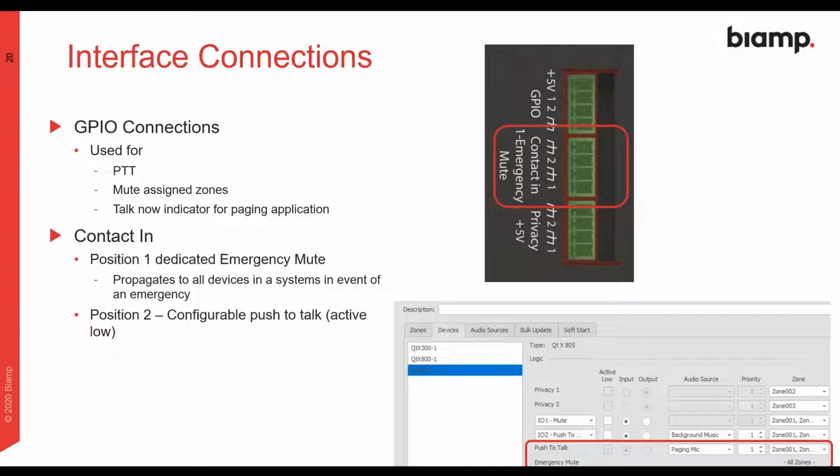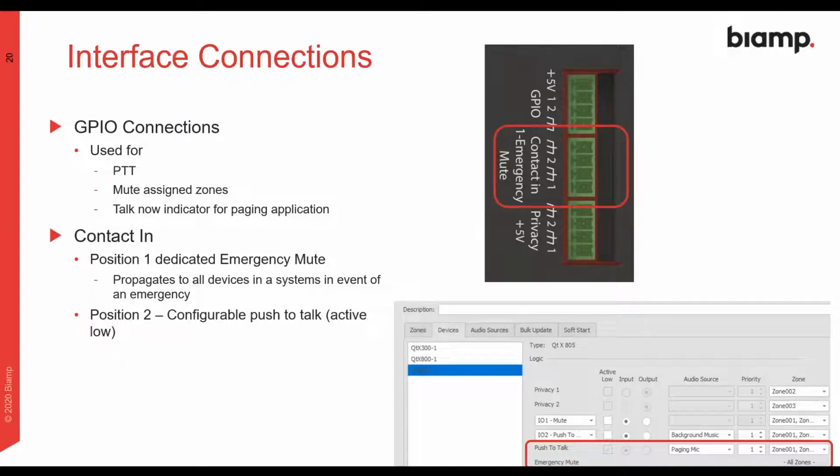Position 2 is configurable to be a push to talk. And the difference between that push to talk capability and the one in the GPIO is that it's configurable only as an active low. So if you get a microphone that needs to be set to active high, the use case would be to use the GPIO connection so that you could select the active high setting and allow it to do kind of an inverse of what the contact closure 2 does.